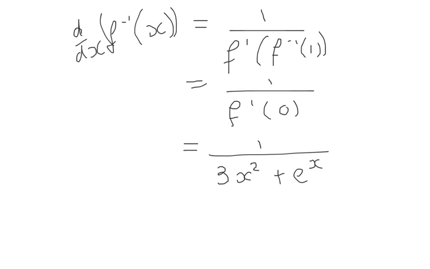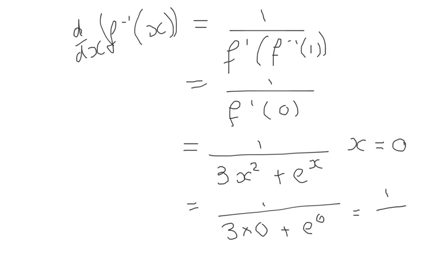So it's just a matter of substituting 0 into f dashed. 1 over 3 times 0 plus e to the 0. E to the 0 equals 1, so this all equals 1 over 0 plus 1, so that's 1.